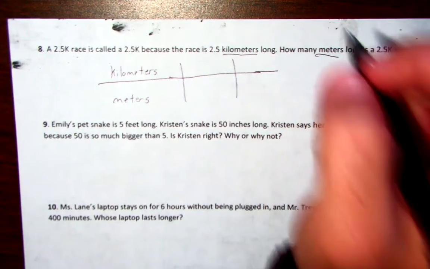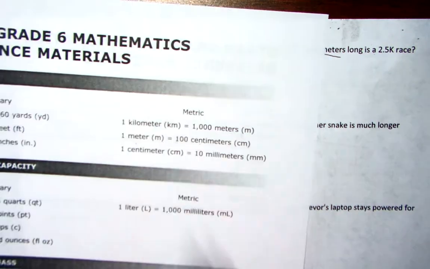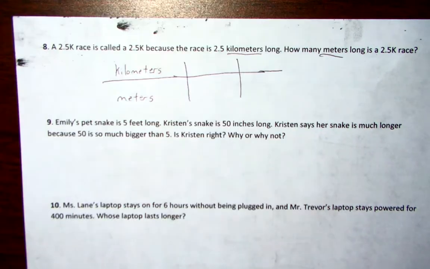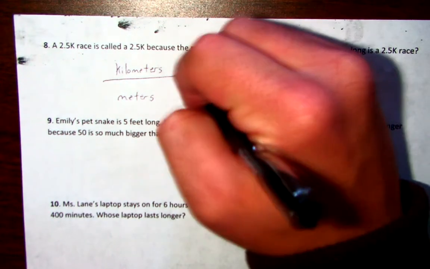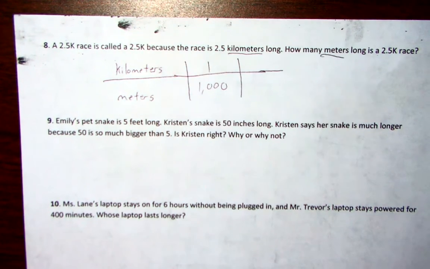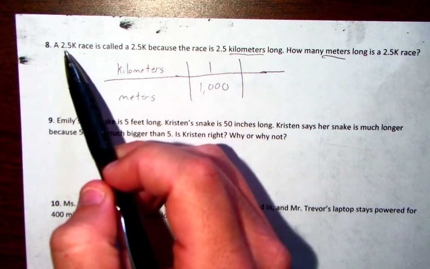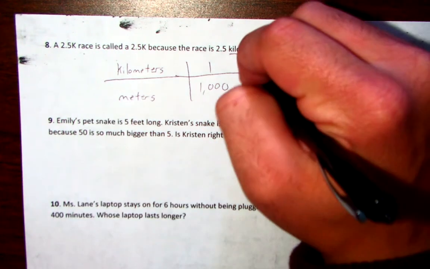Again, let's go back and look at our star chart. 1 kilometer is 1,000 meters. But I'm not going 1 kilometer in this race. I'm going 2.5 kilometers.